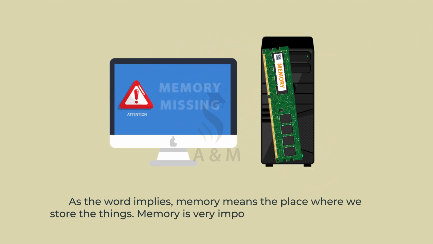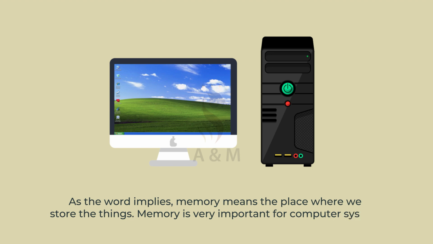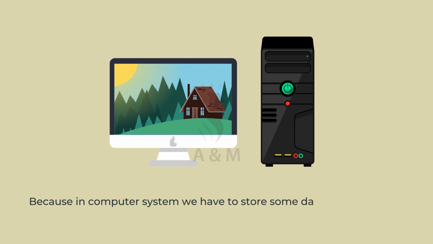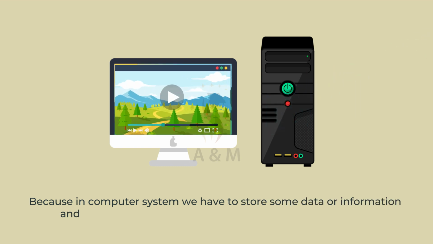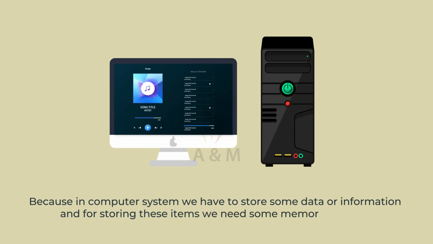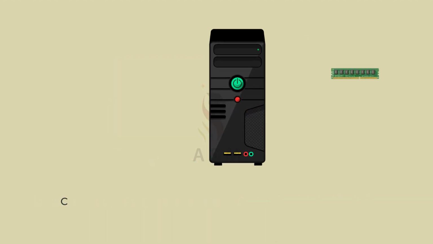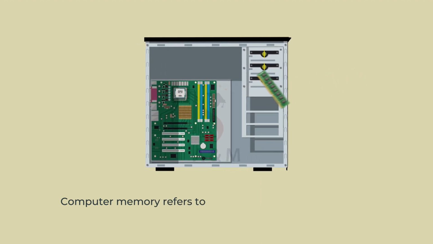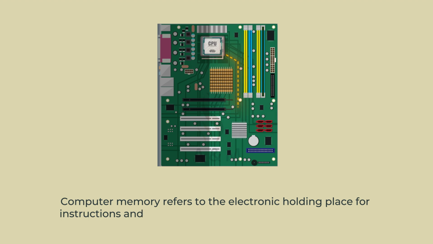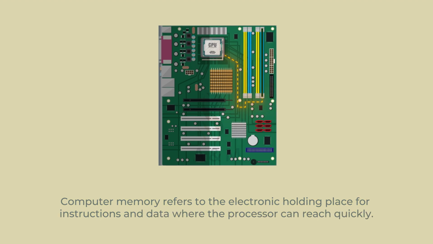Memory is very important for a computer system, because in a computer system we have to store some data or information, and for storing these items we need some memory or space. Computer memory refers to the electronic holding place for instructions and data where the processor can reach quickly.